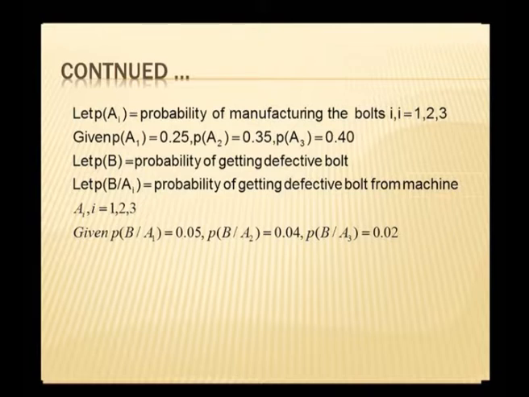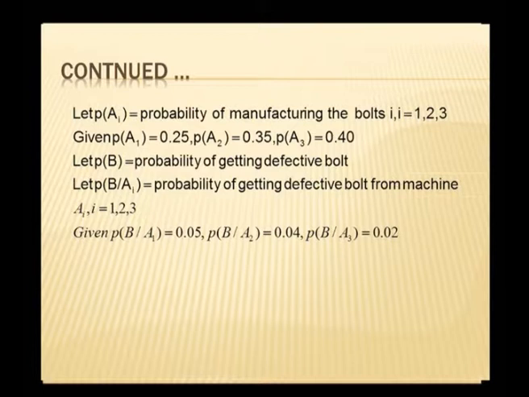Now, since B is an arbitrary event, you take B to be the defectiveness of the bolt. So P of B is the probability of getting a defective bolt, and P of B by Ai is the probability of getting a defective bolt given that it is from machine Ai.